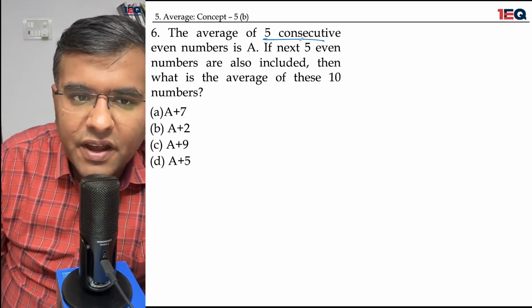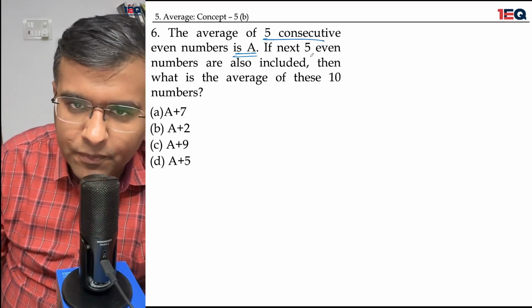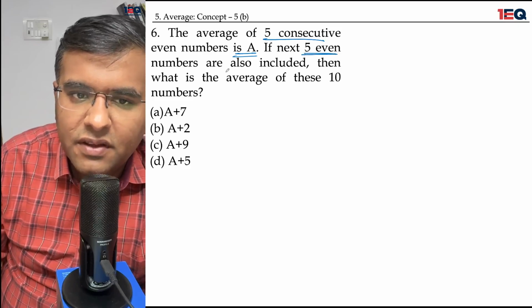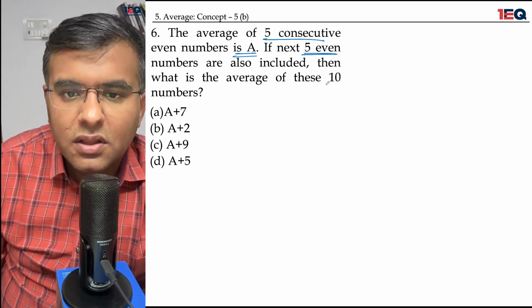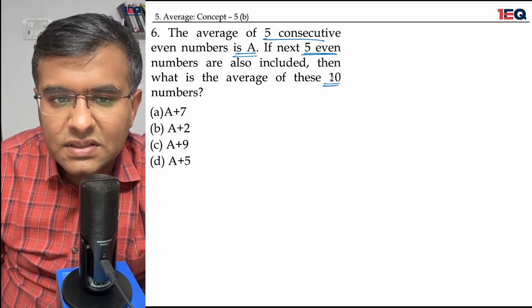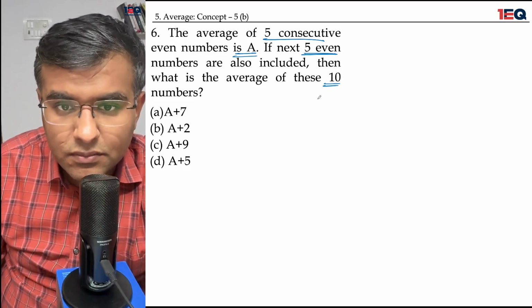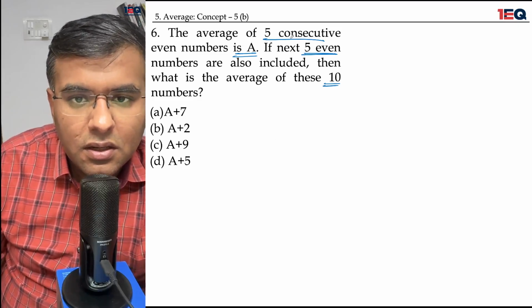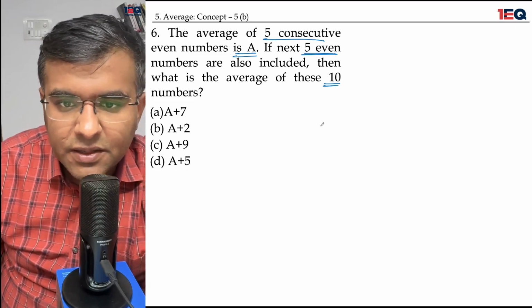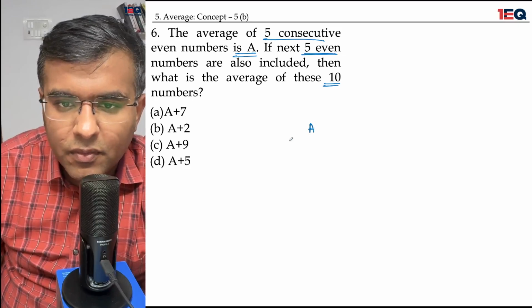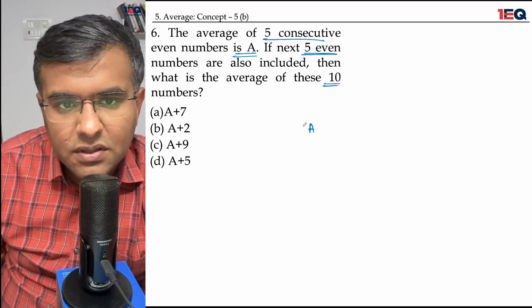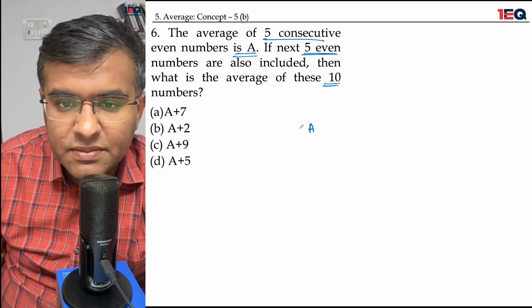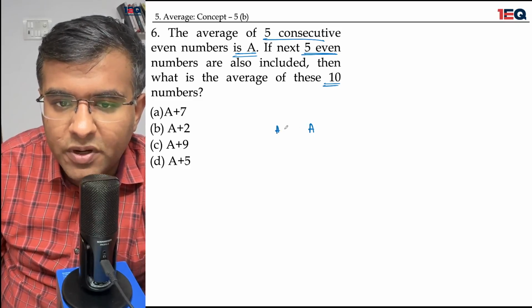The average of 5 consecutive even numbers is A. If the next 5 even numbers are also included, then what is the average of these 10 numbers? Let's say my number is A. These are 5 consecutive even numbers, so they have a gap of 2 between them.